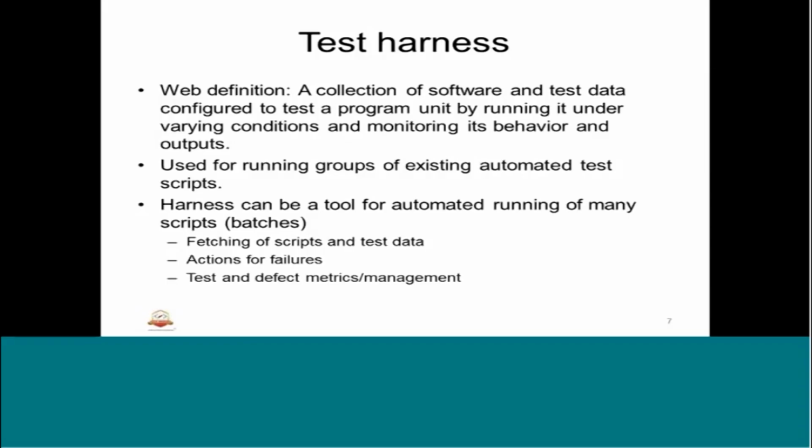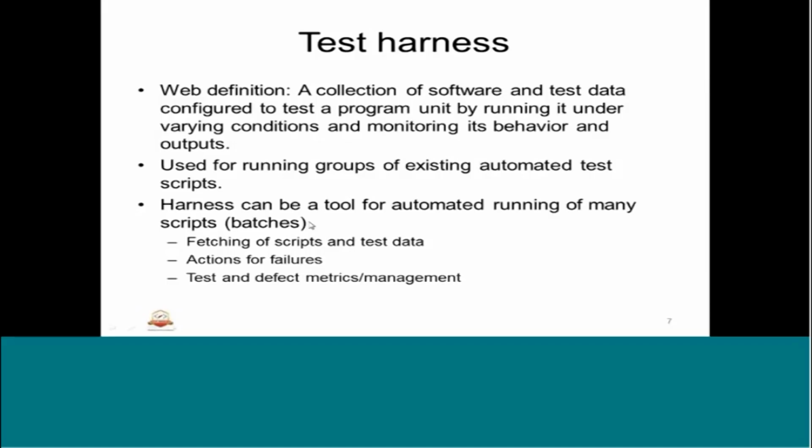Fetching of scripts and test data. What it does, the automated running of batches, is fetching of scripts and test data. Any actions or failures should report as a failure or report the log, etc. And test and defect metrics or management, like how many passes are there, how much has failed, in terms of overall automated batch output, this will take care.